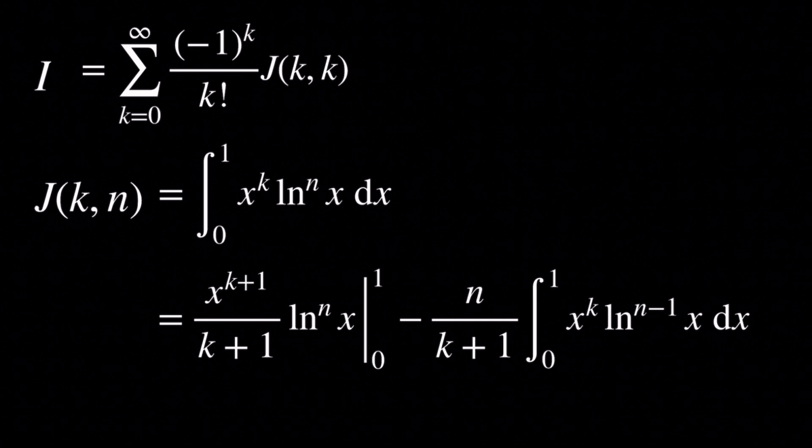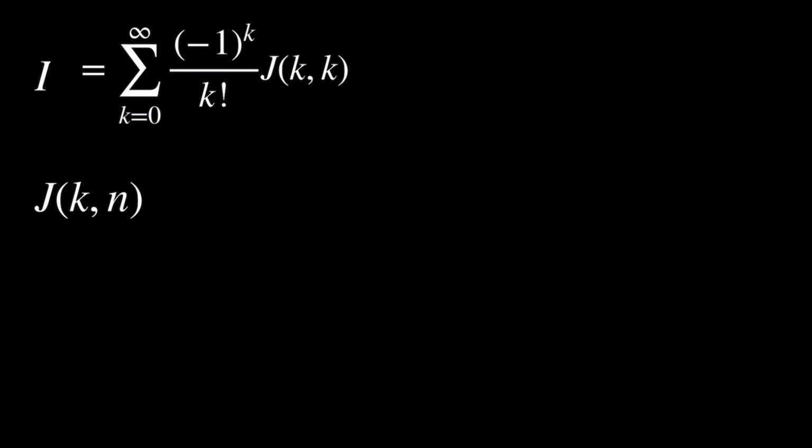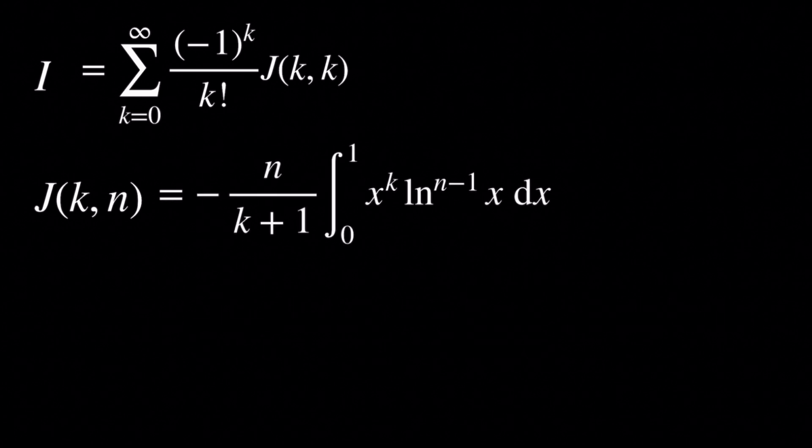So the whole integral reduces to negative n divided by k plus 1 times the integral from 0 to 1 of x to the k times the natural log of x to the n minus 1 dx. Well, this integral is simply J of k, n minus 1.